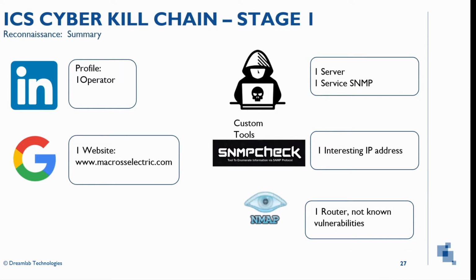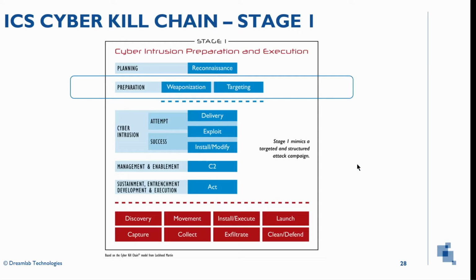So, a summary of the first step: we have one LinkedIn account, one website, one Linux server, one SMP service, one interesting IP, and one internet border device with no vulnerabilities.